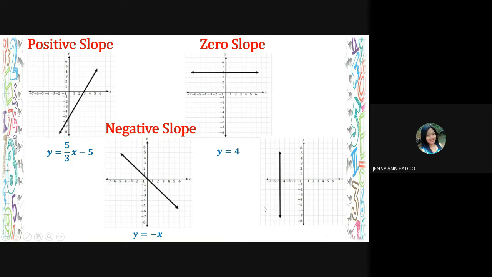Next, we have the last graph here. It's a vertical line. Now, if the graph of a line is a vertical line, that means the slope is undefined because we have rise but the run is 0.